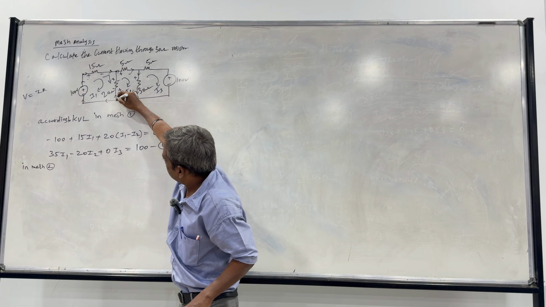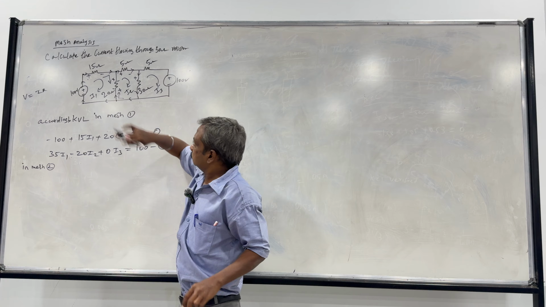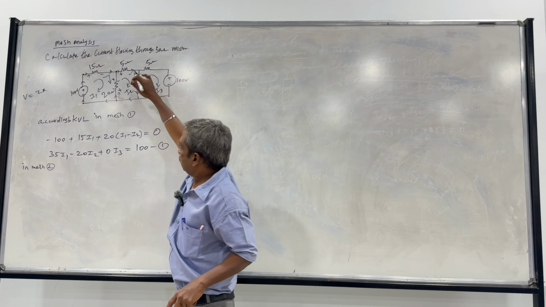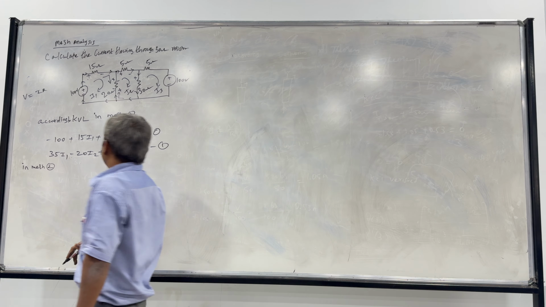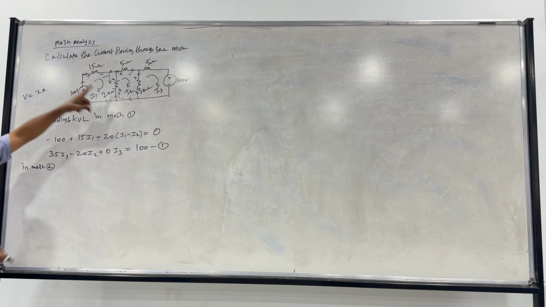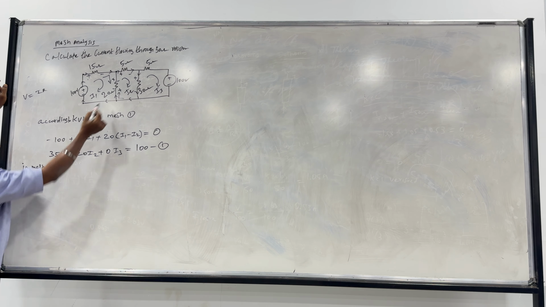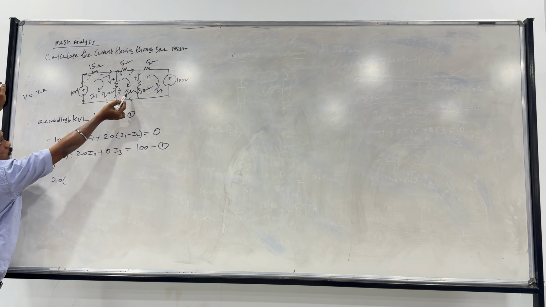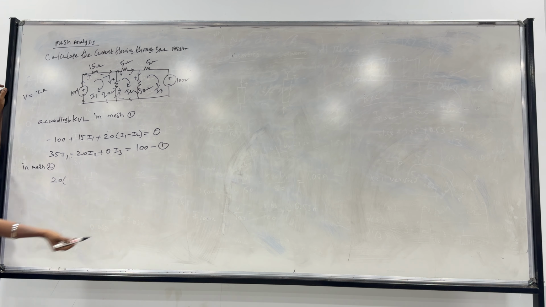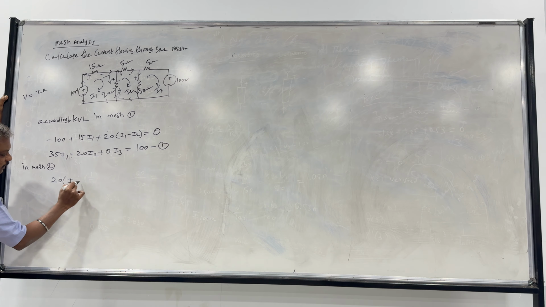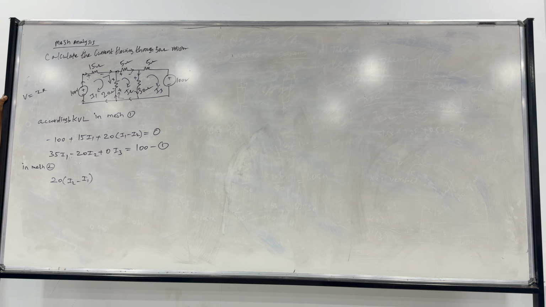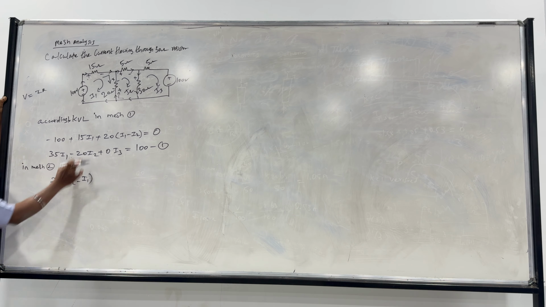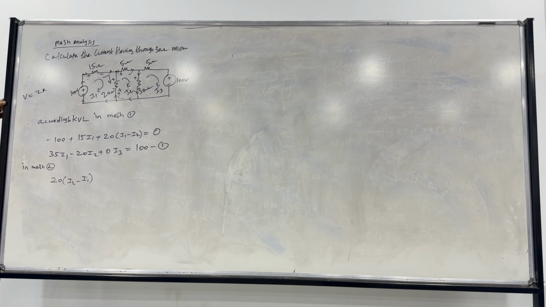I am starting from here and completing the circle, traveling this way and summating all the potentials I see on the way. Now you are seeing a positive sign here. This is 20 ohm. 2 currents are flowing, I2 and I1, both opposite. Now I am writing mesh equation 2, so you write I2 initially and I1 next. This is the voltage across the 20 ohm resistor in mesh 2. Any doubt? Now come to this 5 ohm part.